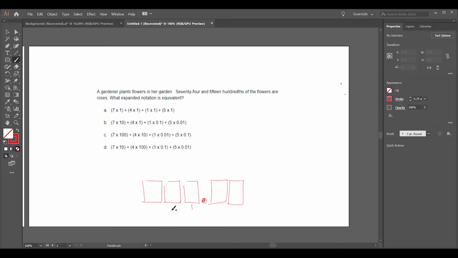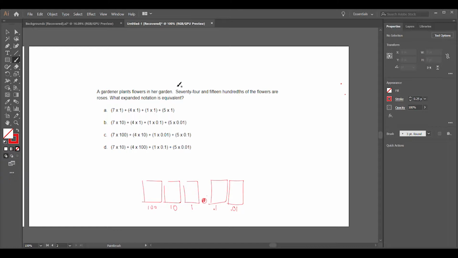We have our ones, our tens, and our hundreds right there. And over here, what we learned this year was our tenths, and our hundredths. Alright, that's all they want. They just want to know that we know these place values.